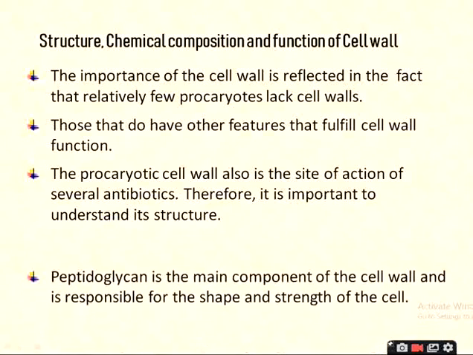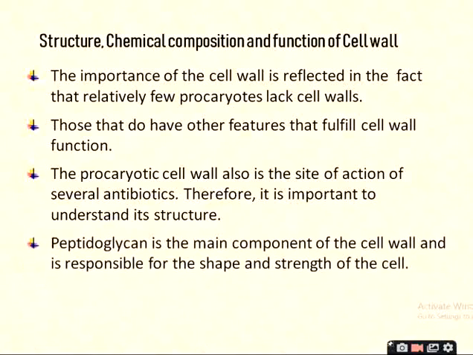Now, the peptidoglycan is a main component of the cell wall and is responsible for the shape and strength of the cell. Among the chemical substances present in the cell wall, one of the most important is the peptidoglycan.